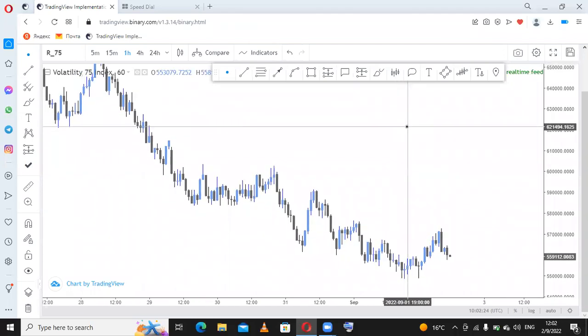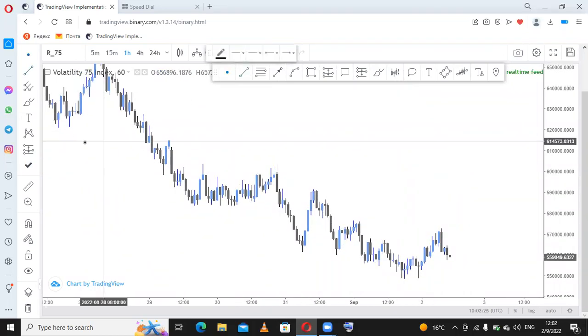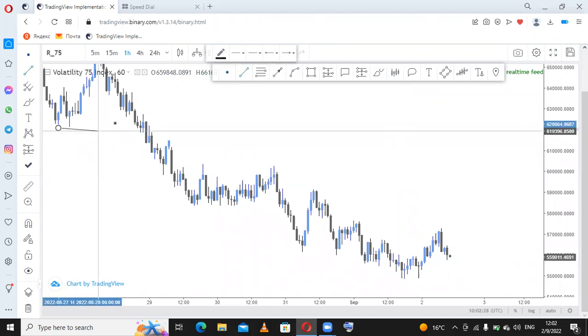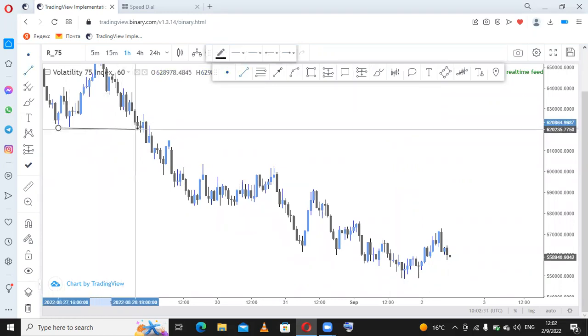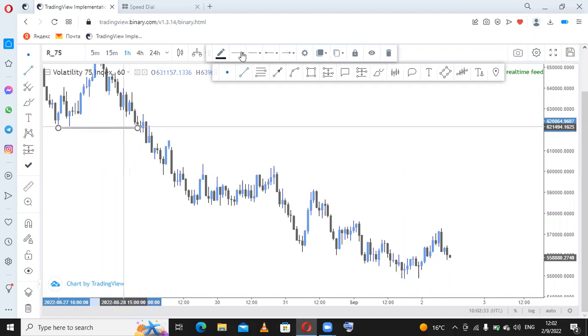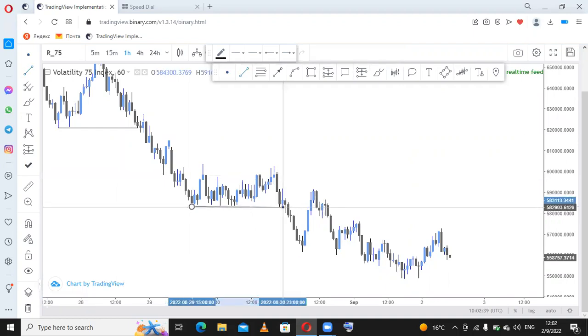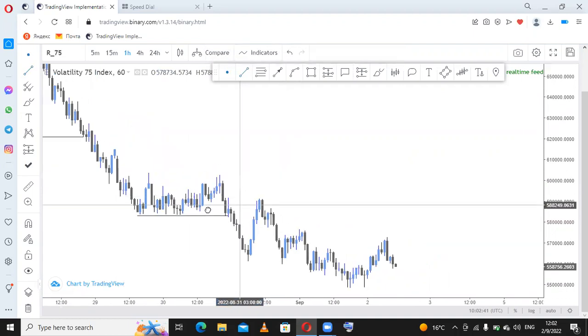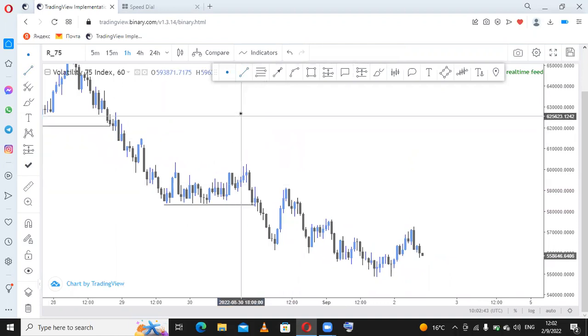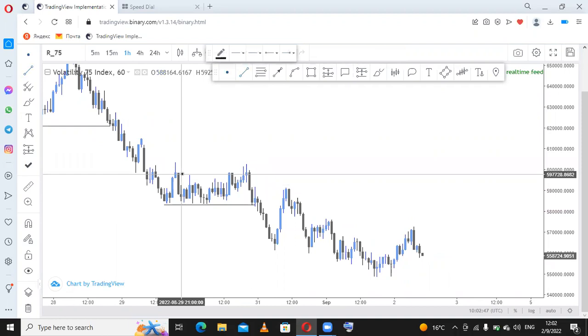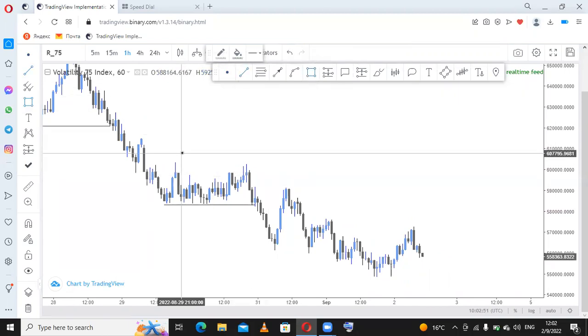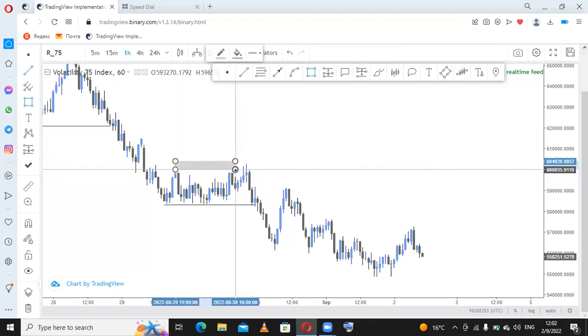V75, H1. All right, so let's identify what happened to our left side. Okay, we broke structure here, and what happened next? We broke structure here again, and we broke structure here. So I want to focus more on what happened here. We broke structure and created some liquidity here, wiping out the liquidity and then mitigating this block, right?